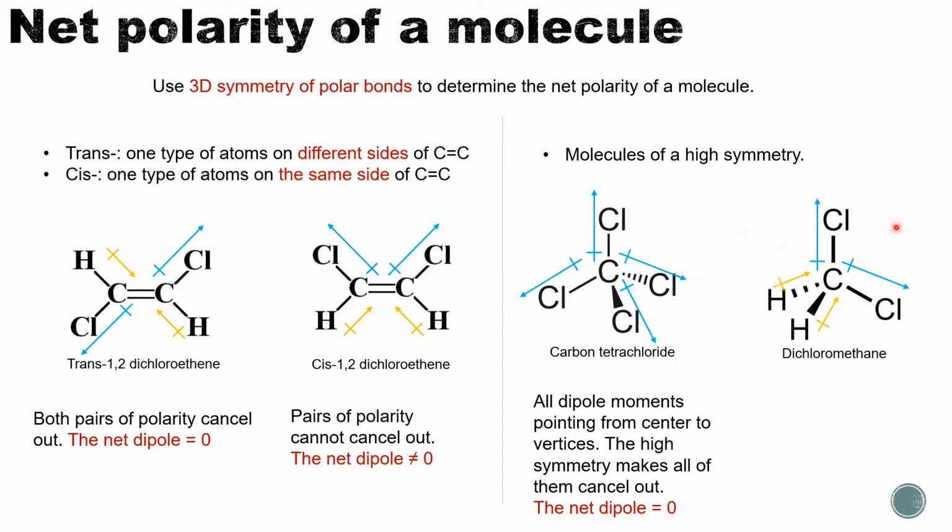However, it will not cancel out with the other two polarities of the CH bonds. So all of these pairs of dipole moments cannot cancel out, and the net dipole moment is not 0. This molecule is no longer a perfect tetrahedron; it does not have this high symmetry, so the net dipole moment is not 0.